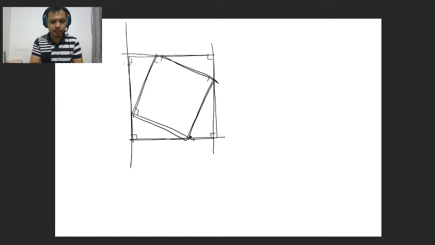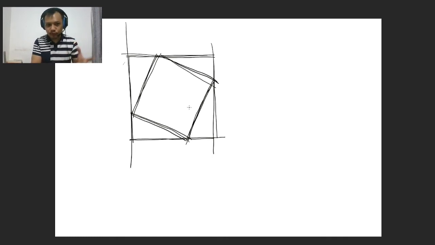So I'm going to go ahead and remove those because they're going to be distracting in a bit. There's going to be a lot of writing going on here. And what happened is we created 4 triangles. Since all of these are 90-degree angles, that means that all of the triangles within it are right triangles.